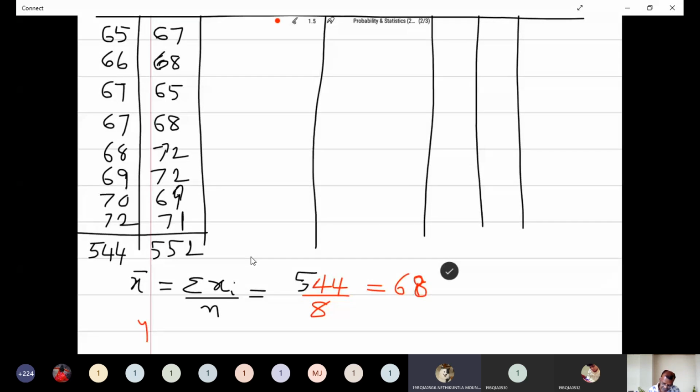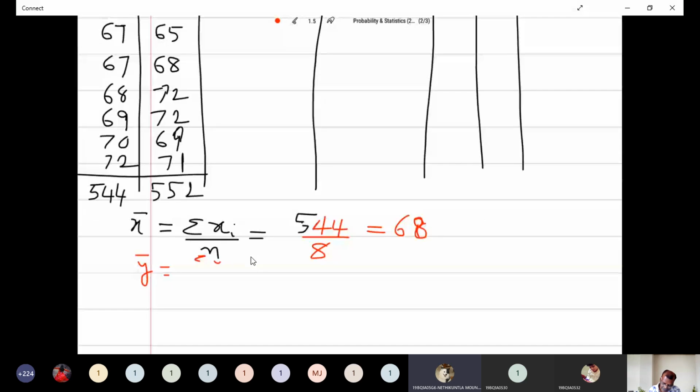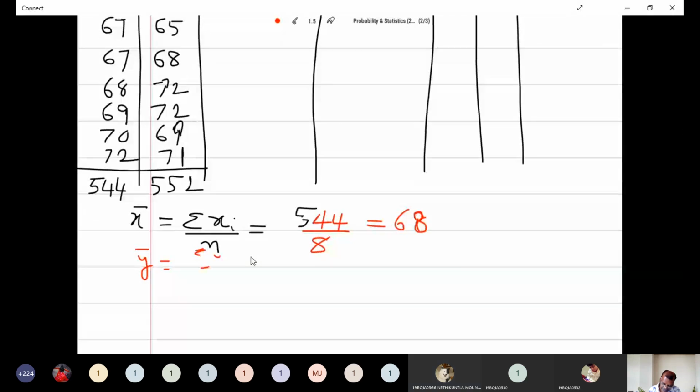And Y bar is equal to summation Yi by N, that is equal to 552 by 8. What about this value? 69.